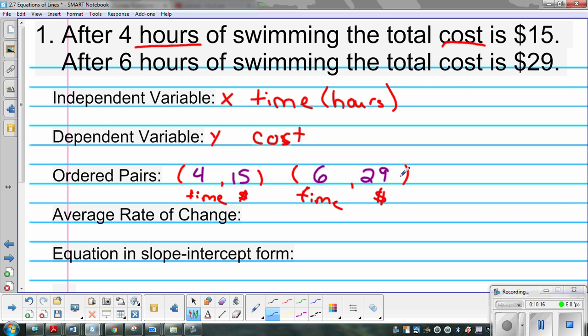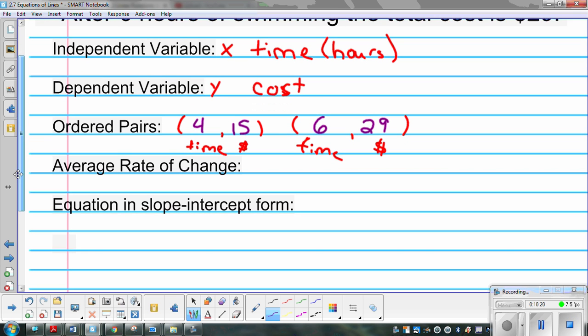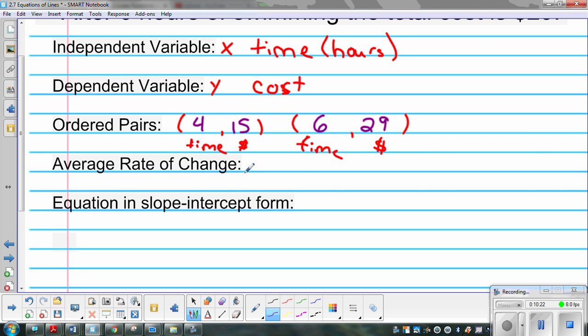We now have the coordinates of 2 points. So the question is, what in the world do we do when we have the coordinates of 2 points? Well, we're always going to go ahead and find the slope. So y2 minus y1 all over x2 minus x1. On top, 29 minus 15 is 14.